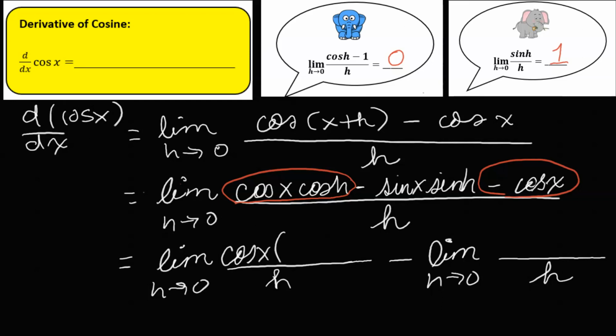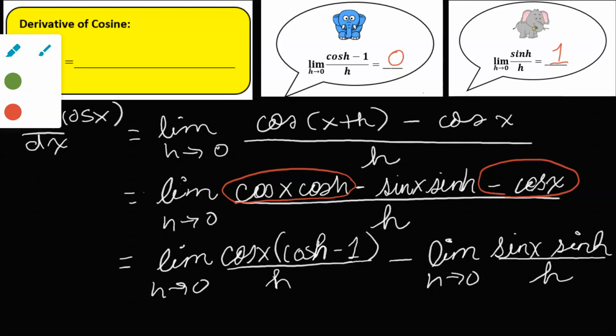So what's left inside is cosine h minus 1, and then I'm going to write here sine x, that's the second term there, and then sine of h over h.